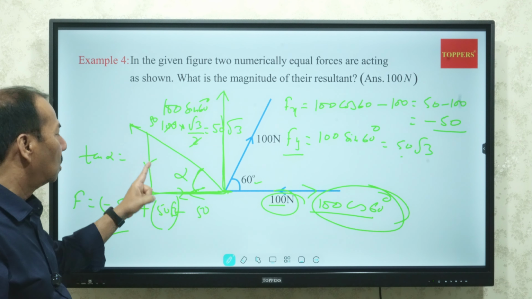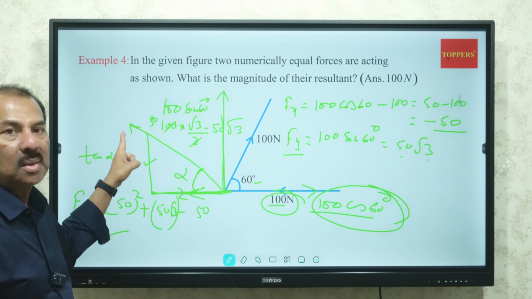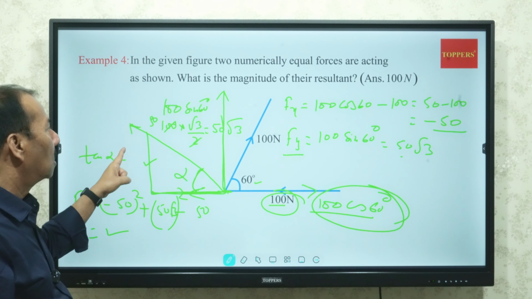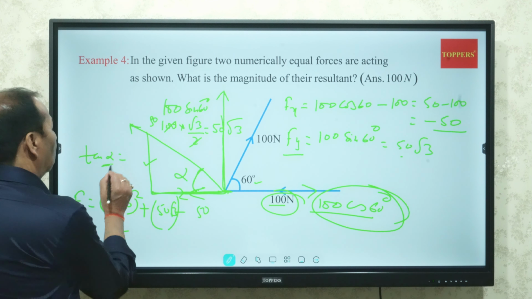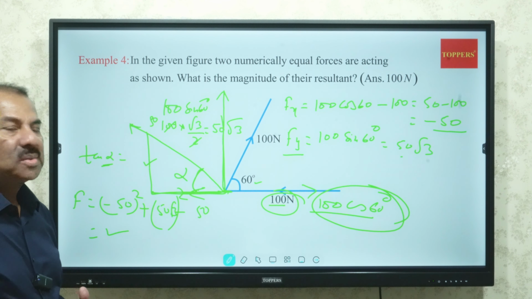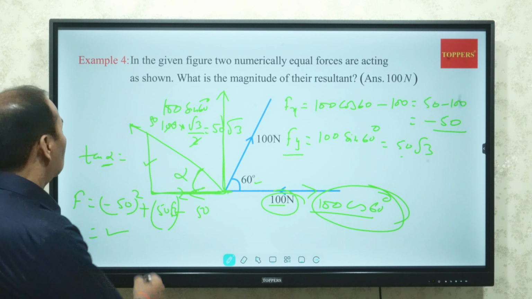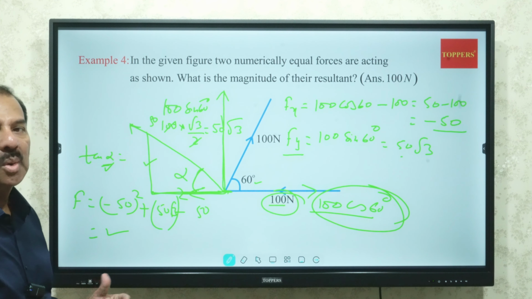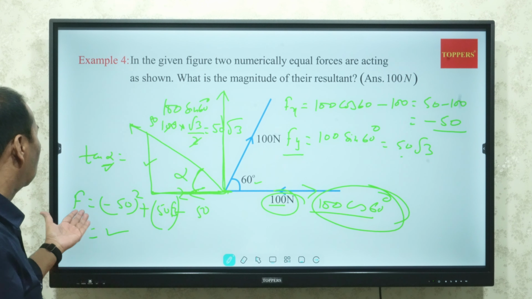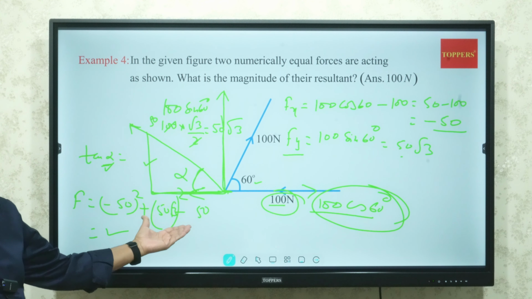This is 50 root 3, this is minus 50. Substitute and you will get minus root 3, and accordingly you can calculate the value of this alpha. I hope this is clear. So that way we can calculate the angle the resultant makes with either the x-axis or the negative of the x-axis, and similarly you can calculate the magnitude of this.